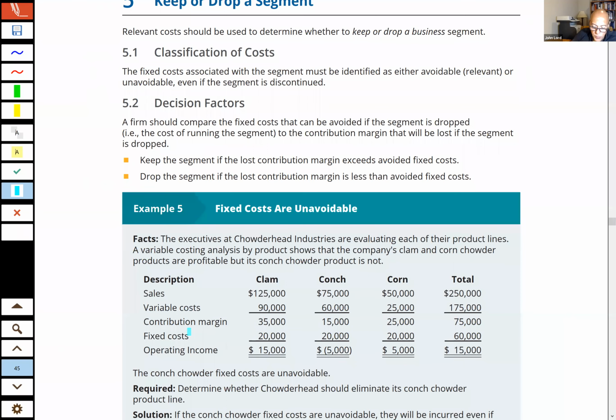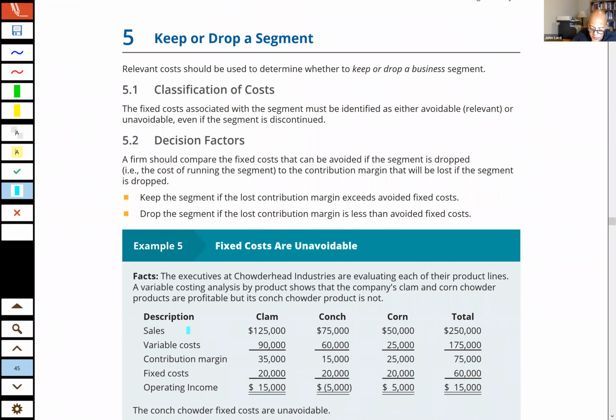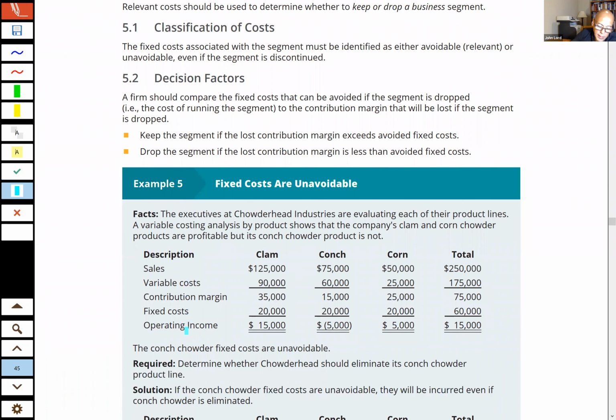All right, good. Keep or drop a segment. Let's take a look at decision factors. A firm should compare the fixed cost that can be avoided if the segment is dropped to the contribution margin that will be lost if the segment is dropped.